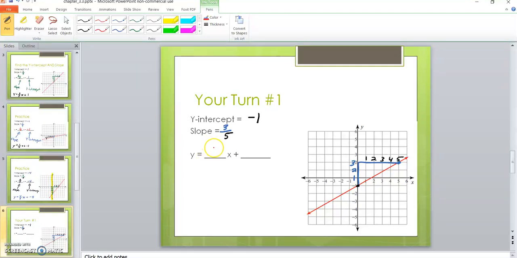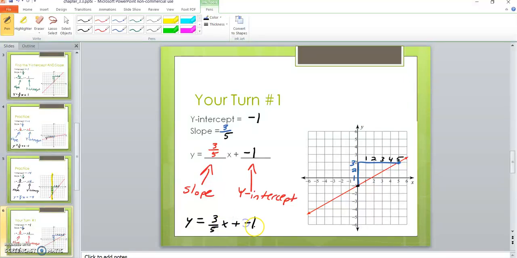Now we're going to put our slope in the first one and our y-intercept in the second one. So 3 over 5, negative 1. Our equation is y equals 3 over 5 x plus minus 1.